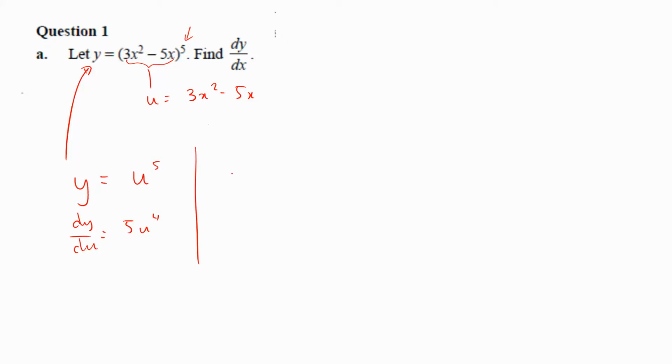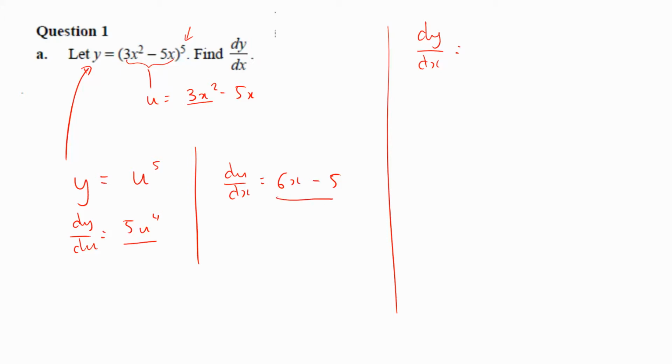Whereas du/dx, on the other hand, is just the derivative of this. So that brings down the 2, so that becomes 6x, and that becomes minus 5. So the answer is dy/dx equals dy/du times du/dx.